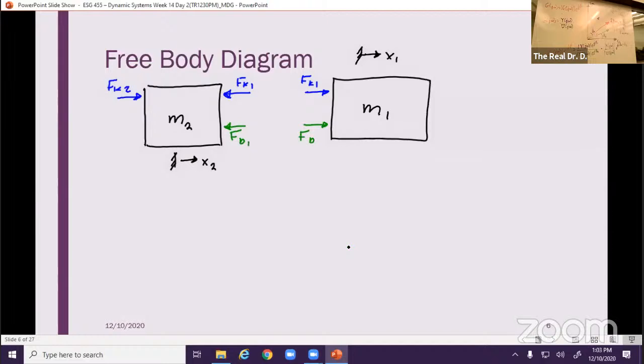So I'm assuming that x in is greater than x2 is greater than x1, right? And x in is just my input here. Hopefully everybody's cool with the free body diagram, but if not, let me know. We can talk about it.